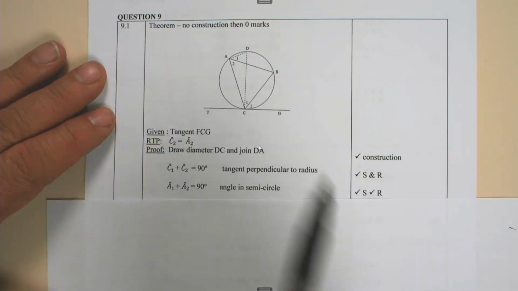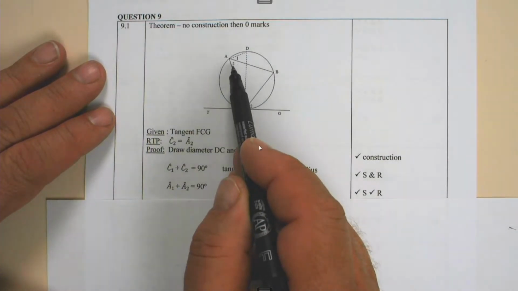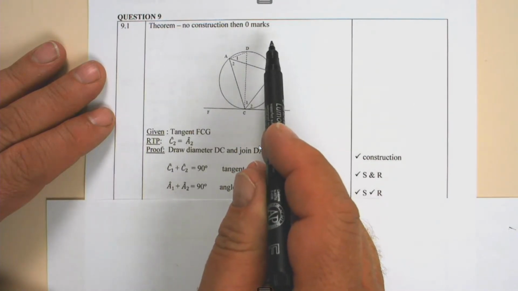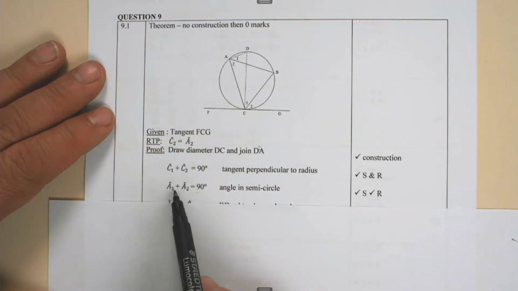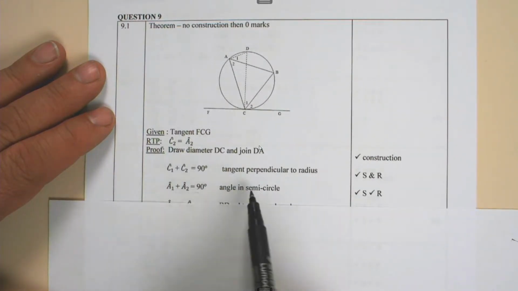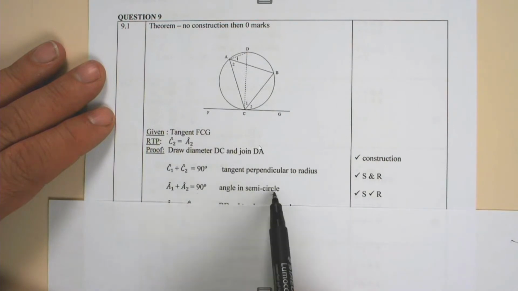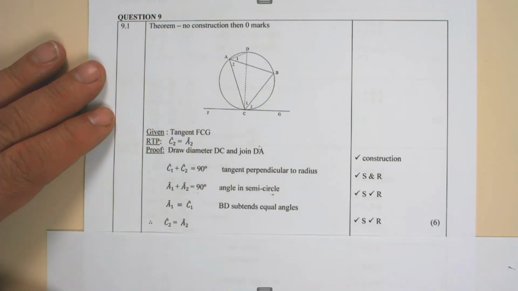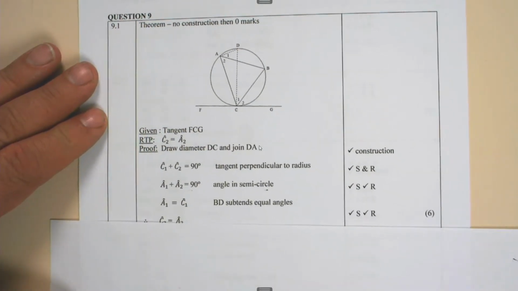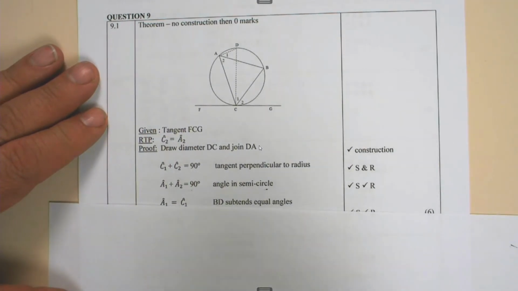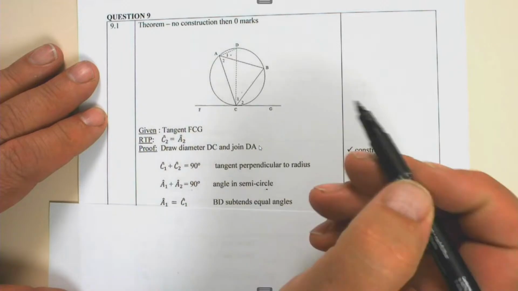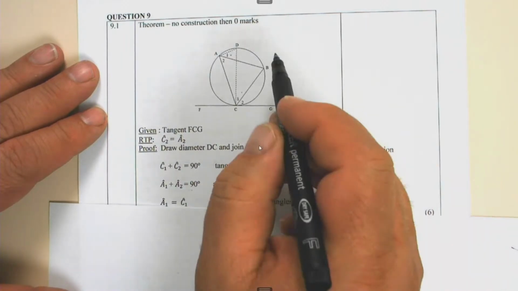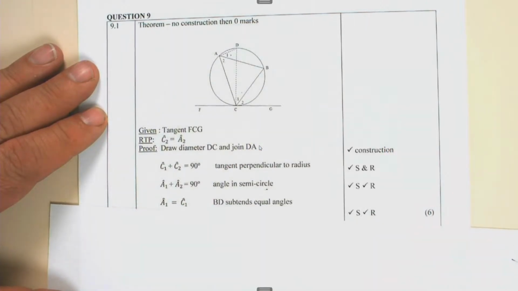Now we can say that angle A1 plus A2 is 90 degrees, because it is an angle in a semicircle. 1 mark for the statement and 1 mark for the reason. Now angle A1 is equal to angle C1, because BD subtends equal angles.